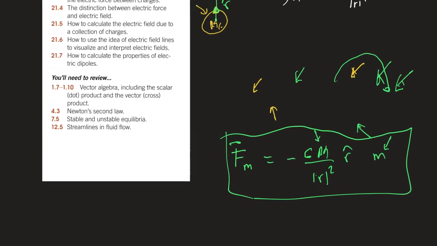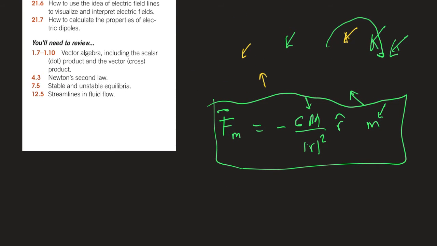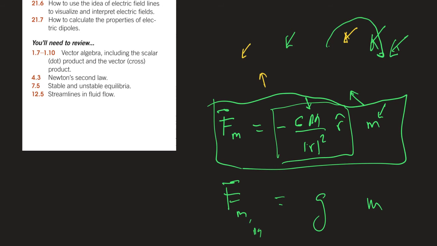So we can say like this, the force acting on m, of course, due to capital M, is equal to something by m. And what is this something? The vector G, the gravitational field.